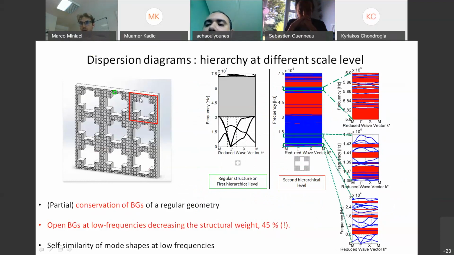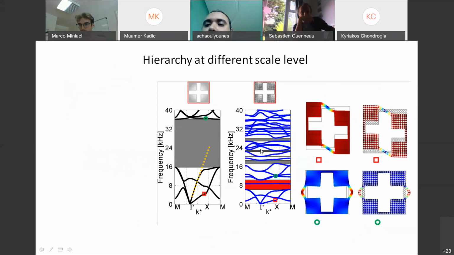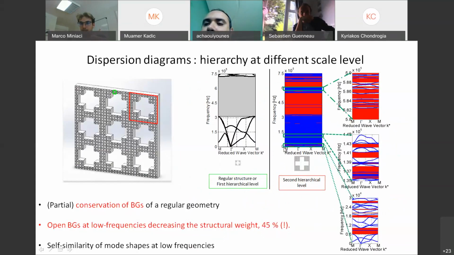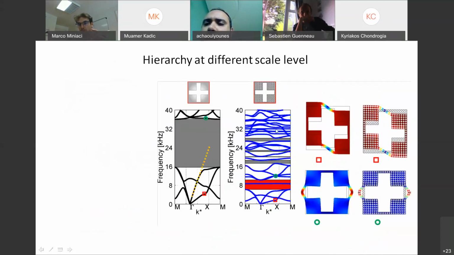But so we end up with the same as the next slide. So this structure and the other is the same as this structure. Okay. So what changes is that here the diagram goes from 0 to 750 kilohertz, and this one is a zoom going from 0 to 40.